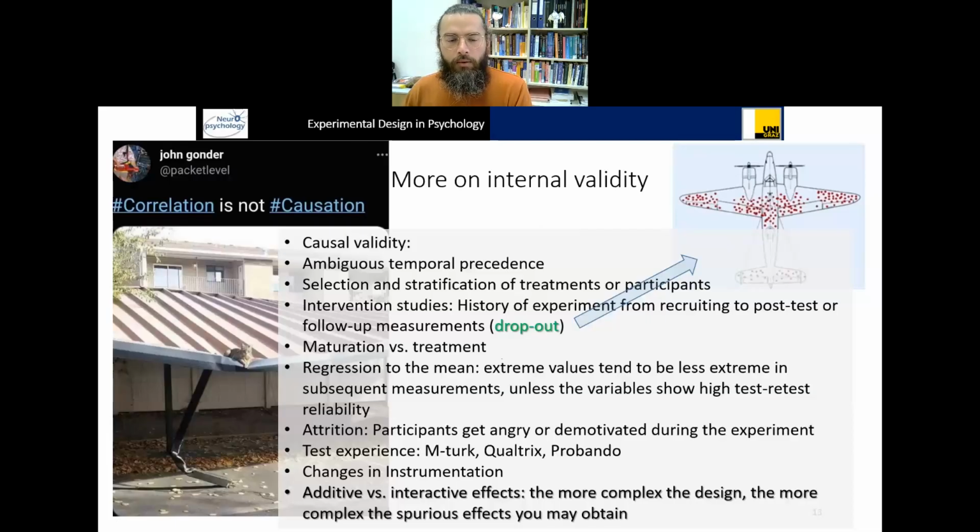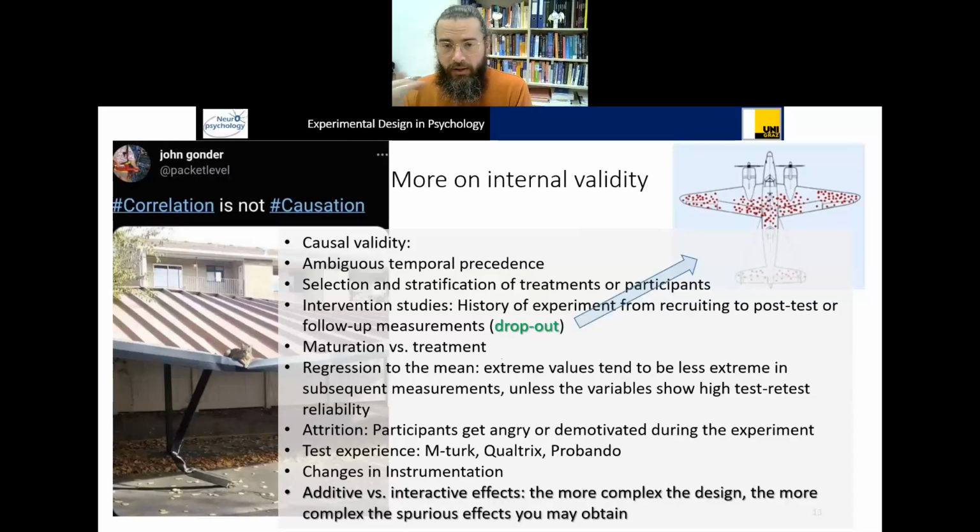All right, how precisely are you able to measure that? When you recruit people from commercial participant platforms, such as mTurk or Probando, you may have problems with that because people have probably participated in similar experiments in the past and have much more insight into what you are actually measuring than you may expect.